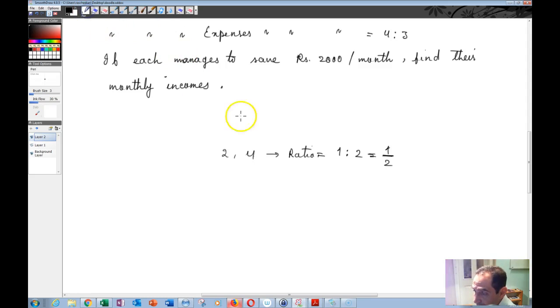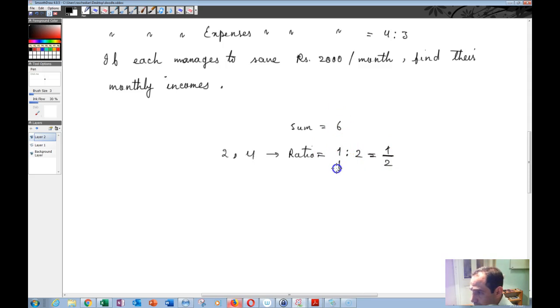Now, if you know the sum of those two numbers, let's say that the sum is 4 plus 2, which is 6, then you can find those two numbers. Otherwise all you know is just the ratio. So you know that the sum of two numbers is equal to 6 and the ratio is 1:2. How can you find those two numbers?